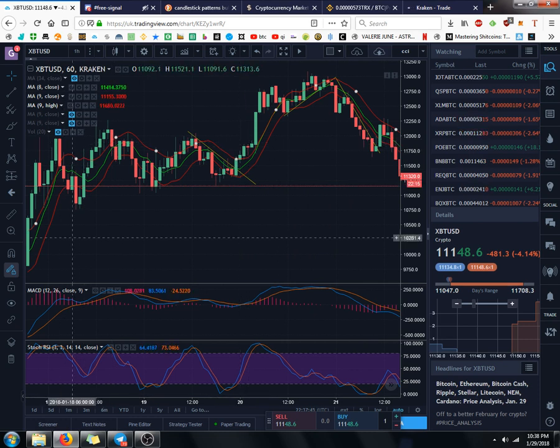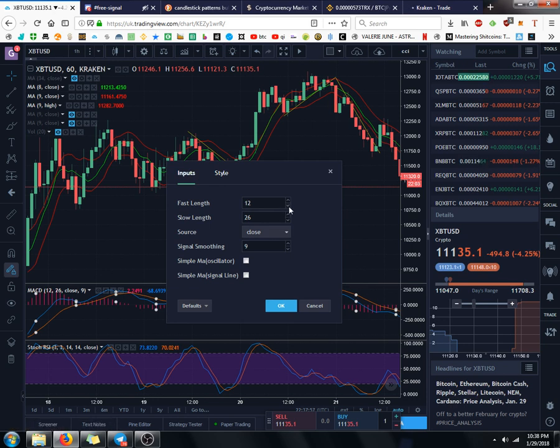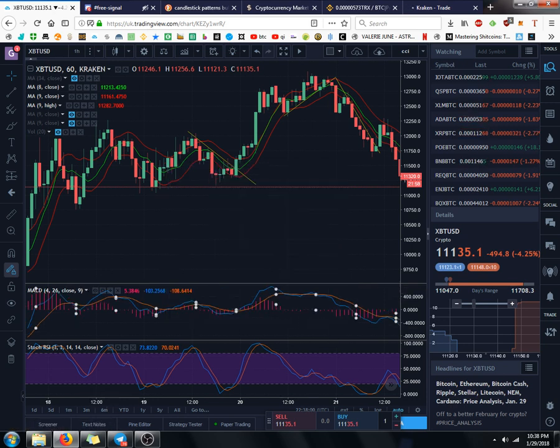I use stochastic RSI, MACD, and I actually change the MACD settings, because you can change the settings until they line up and see where it's good. So I have this one down to 4. That just pops more and lines up a lot better. But as I said, I'm always changing. So I don't use the 34.